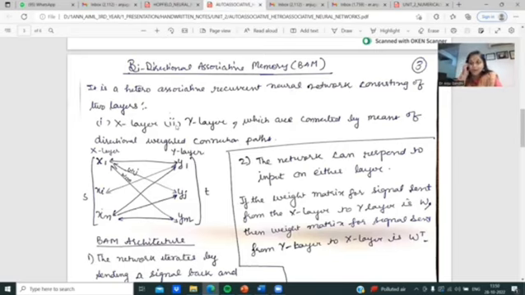We have an X layer and a Y layer, which are connected by directional weighted connection paths. So we have X1, Xi, Xn, and we have Y1, Yj, Ym. This is a set of sources and this is a set of targets. It is known as the X layer and the Y layer.